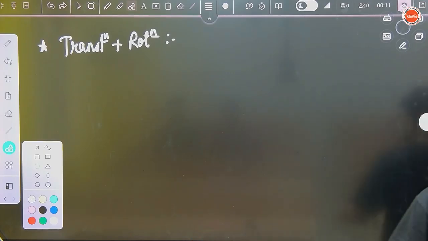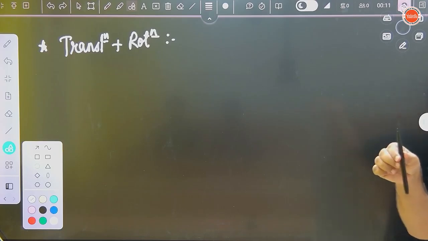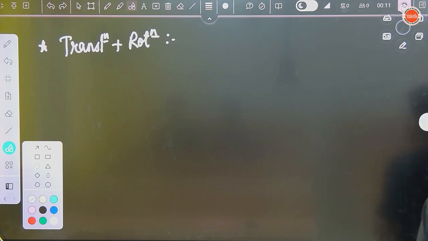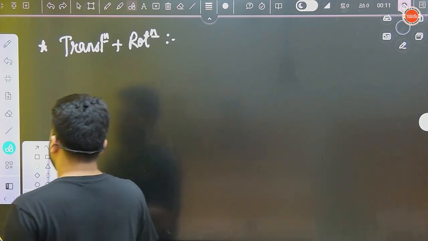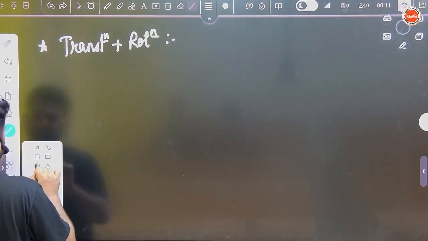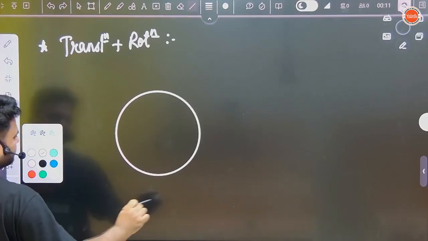It is rotating plus moving forward, translation motion. Like this duster was moving forward, translation motion, and this tire is rotating also. So try to understand this concept.